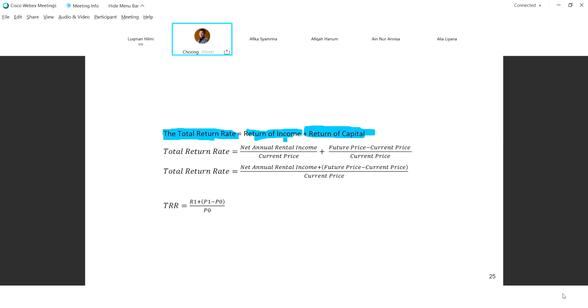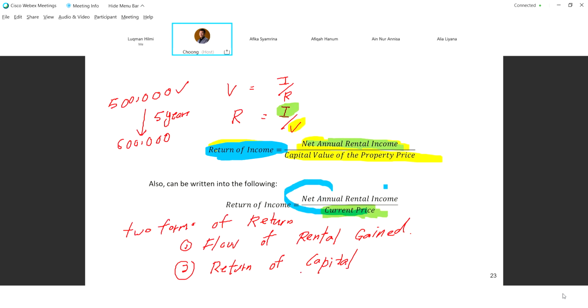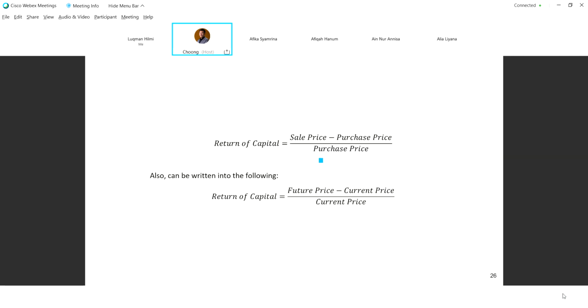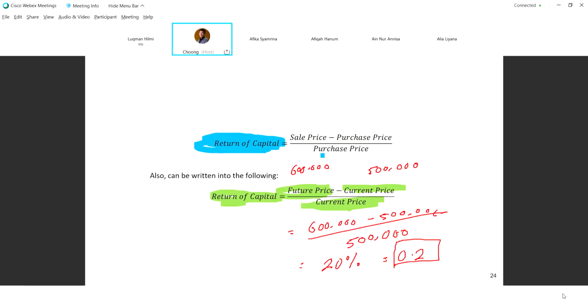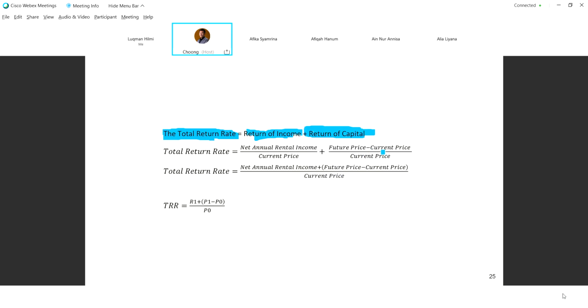Okay. So kita tulis full formula kat sini. Return of income adalah sama dengan yang tadi tu. So net annual rental income divided by current price, right? Tambah dengan yang satu lagi, this one. So future price minus current price divided by current price.